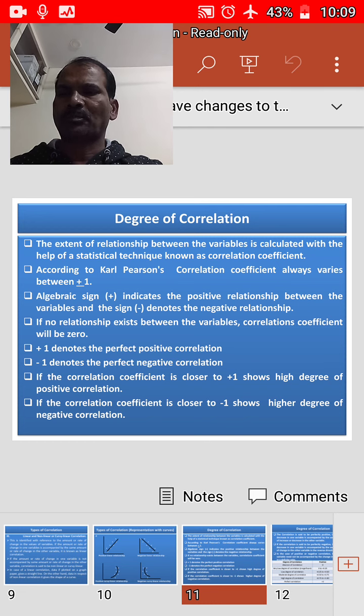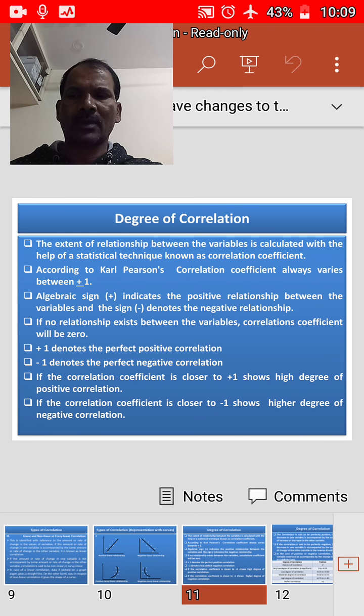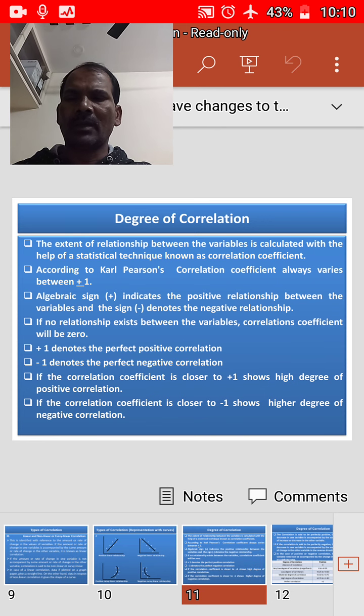Correlation is said to be perfectly positive if an increase or decrease in one variable is accompanied by the same rate of increase or decrease in the other variable. If a change in one variable brings the same amount of change in the other variable, then we say it is perfectly positive.